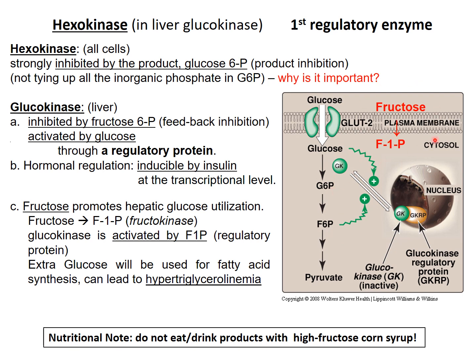Now, I put here something about fructose, and why those high fructose syrups and sodas and whatever are actually bad for your health. So fructose is coming into the liver cell, no regulation there. There is a specific enzyme which we call fructokinase, which will phosphorylate fructose to fructose 1-phosphate, no regulation there.